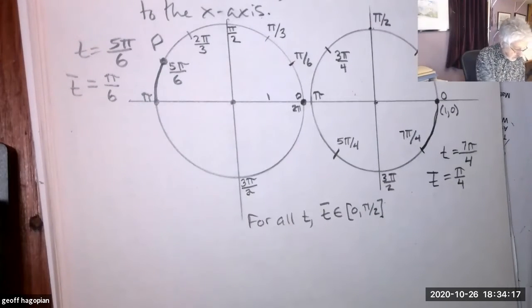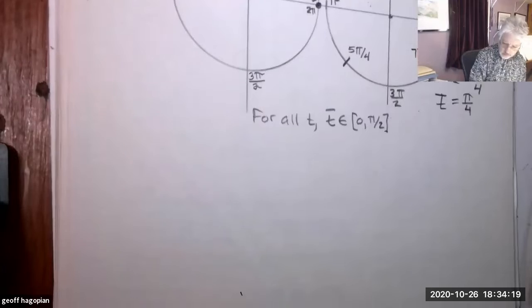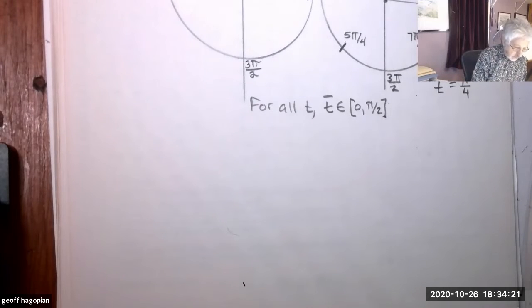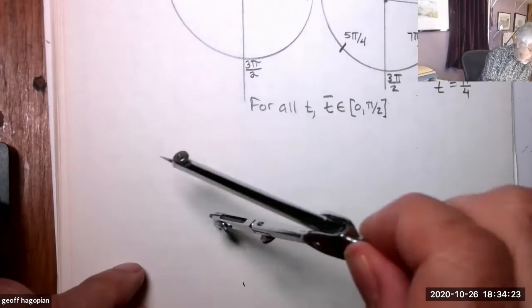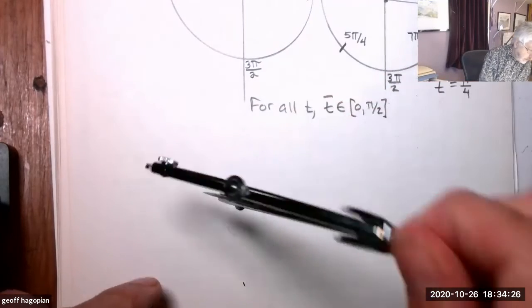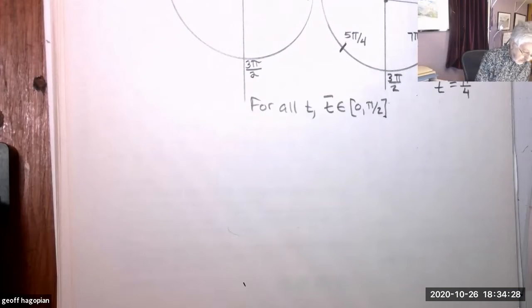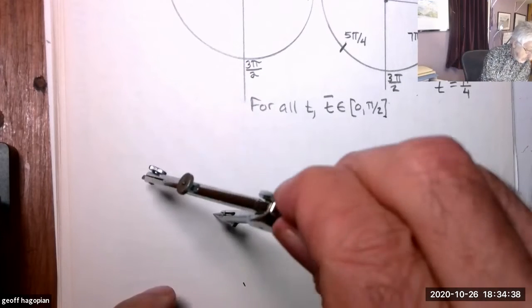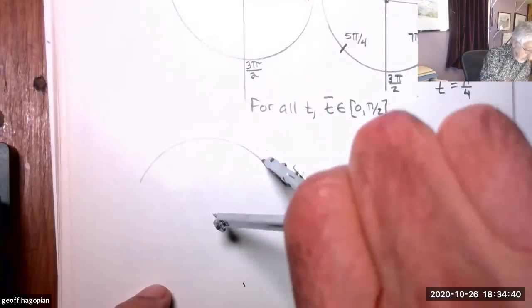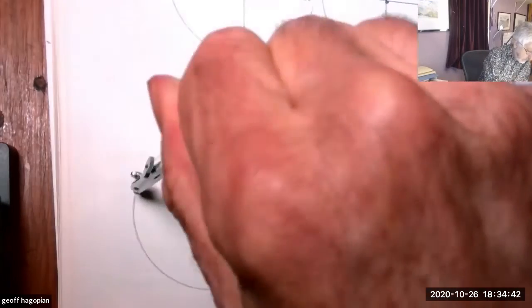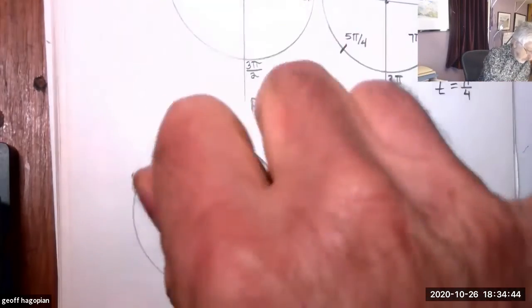So let's make another circle. Should I pull out my lead a little bit here? Oh, so round.